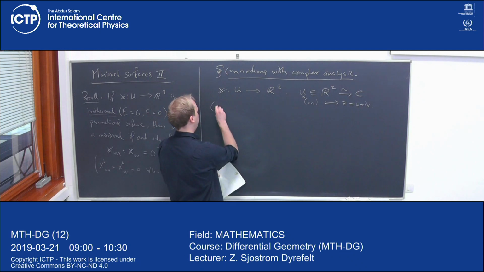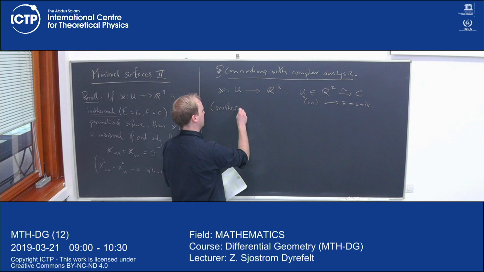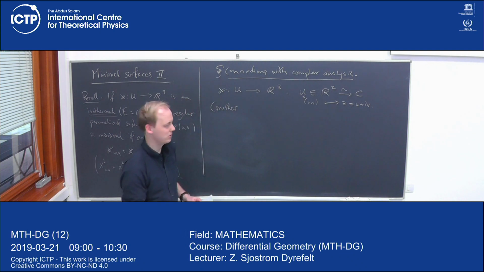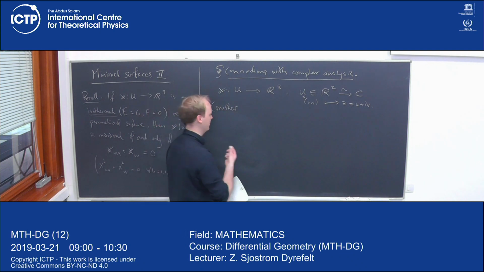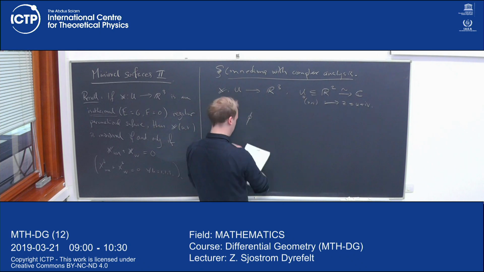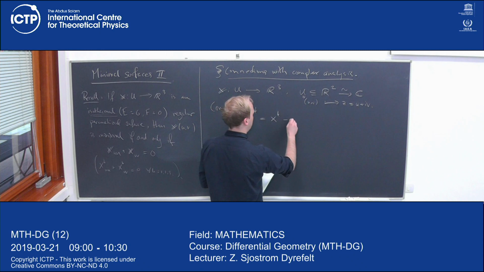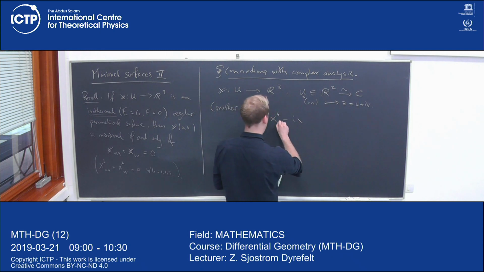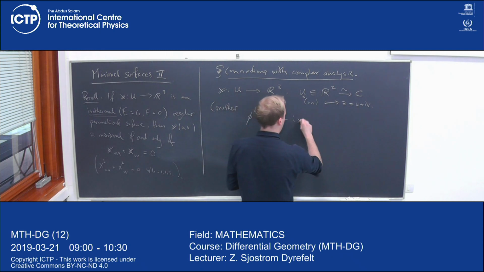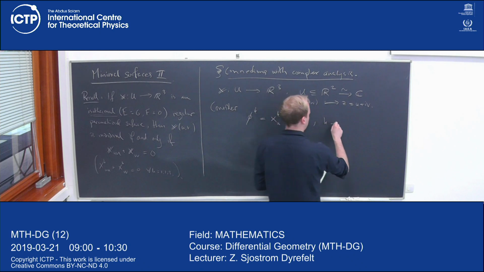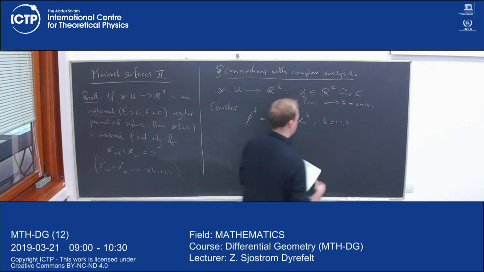So then we consider the following function. At this point it's not obvious that this is what we should consider, but I will explain why. So consider phi k equals xk u minus i xk v, for k equals 1 to 3.